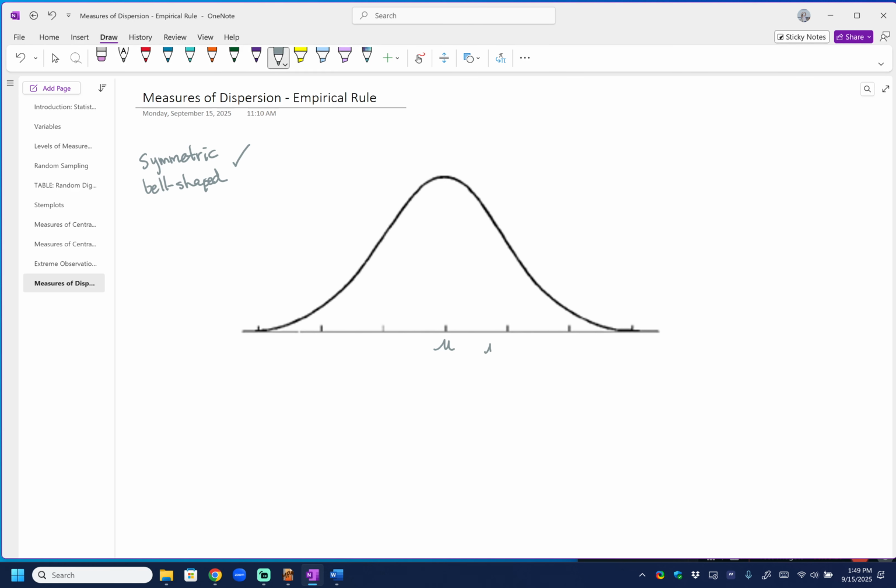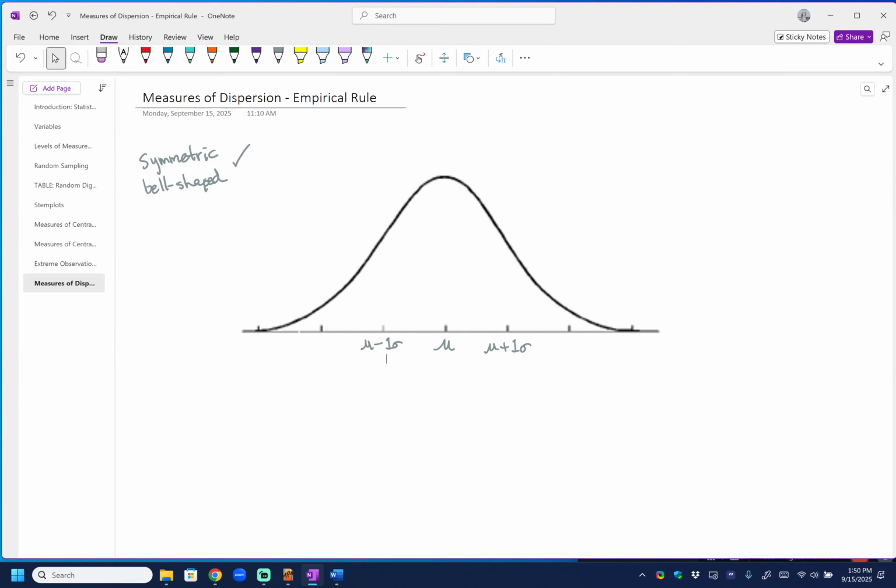So we're going to say that this is, for the purposes of this exercise, mu plus one standard deviation. Just remember, we are dealing with population values, mu and sigma, not their sample counterparts, x bar and s. So again, if we go the other way, then we're going to go about minus one standard deviation in this direction.